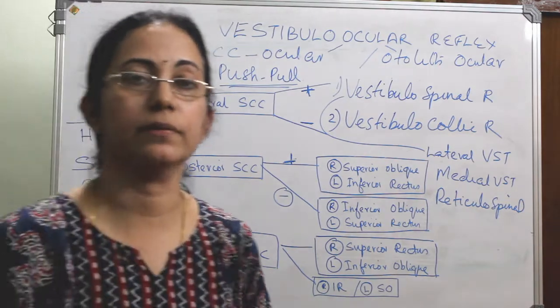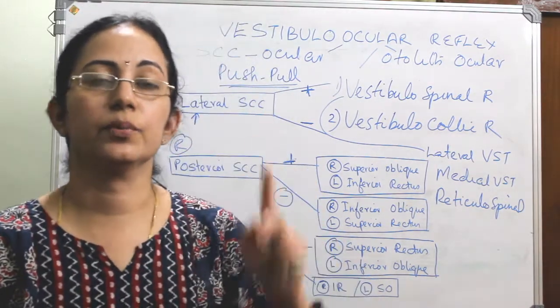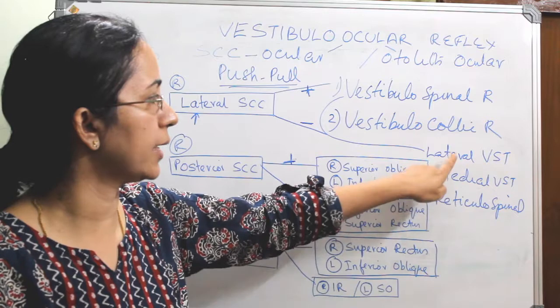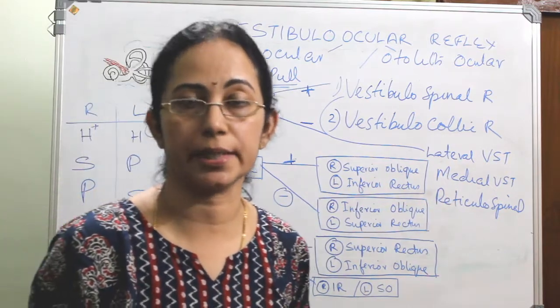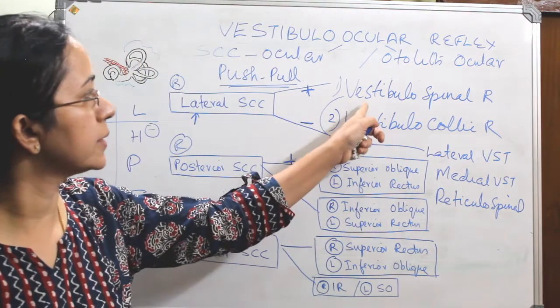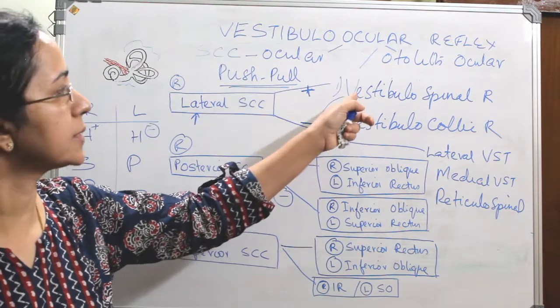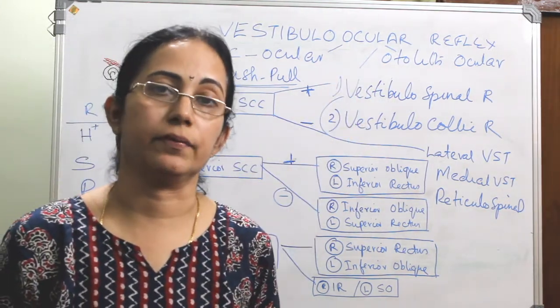So from the vestibular nucleus, the information will go through all these three, lateral, medial as well as the reticulospinal tract, and there is an excitation of the vestibulospinal reflex.